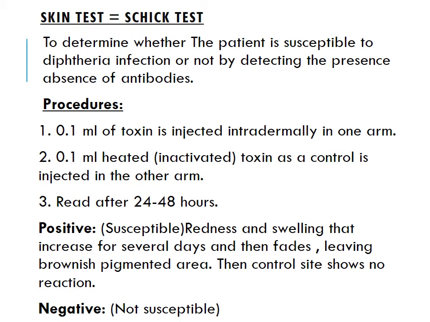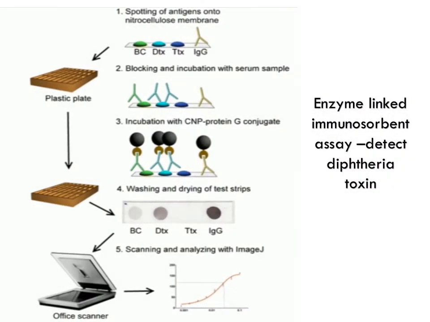Read after 24 to 48 hours. Positive, susceptible: redness and swelling that increase for several days and then fade, leaving a brownish pigmented area, while the control site shows no reaction. Negative: not susceptible.